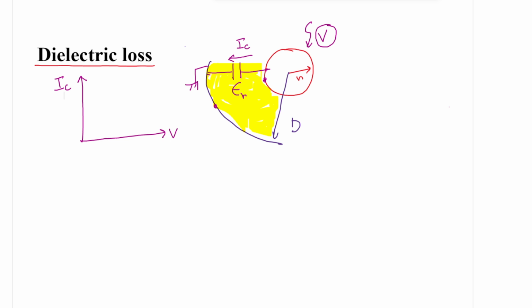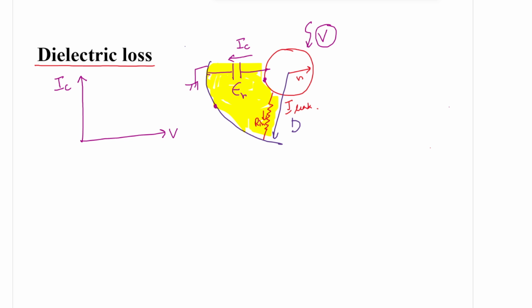But practically, you have an insulation resistance, so a small leakage current will flow through this insulation resistance. Let us say that small leakage current is I leak.